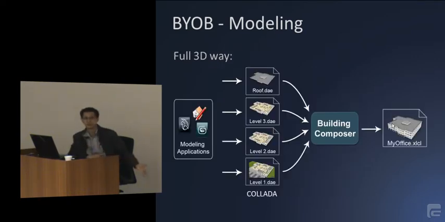However, if you want to do the full 3D model, like what we saw earlier, we provide a Building Composer tool. This is also for those who already have a 3D building ready. How do you get your 3D building in Max, Maya, or SketchUp, or whatever, over to Germanium? The route we support is, as long as your modeling application, for example Max, Maya, Google SketchUp, AutoCAD too, can export to Collada, which is this open source 3D format.